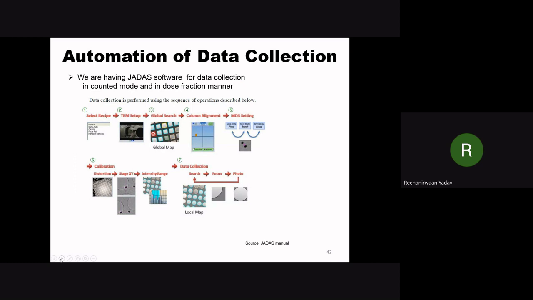So here in our facility, we have a JEOL 2200 FS microscope. Along with this, they provided software for automated data collection, which is called JADAS, JEOL Automated Data Acquisition System.